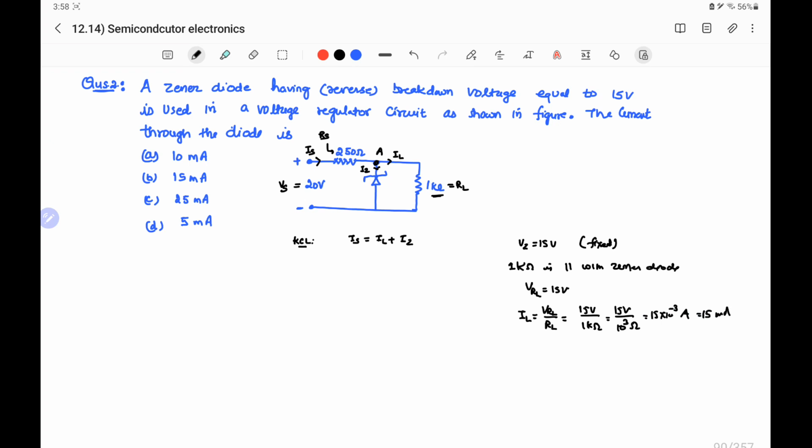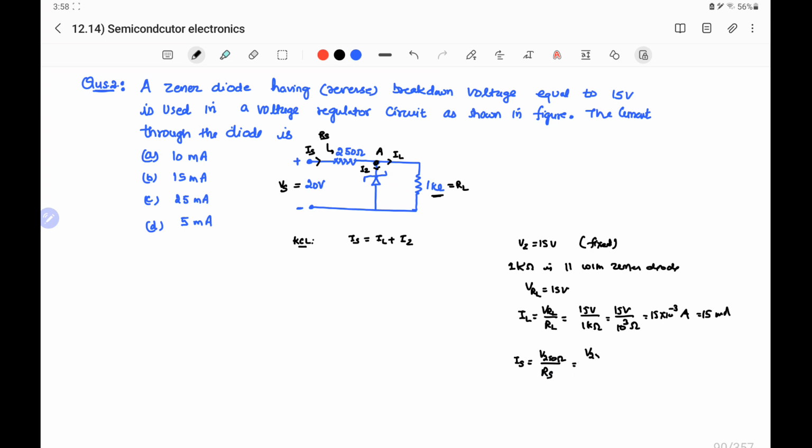Now we have to find the source current. The source current is flowing through the 250 ohm, which is the source resistance. So current Is will be equal to the voltage across the 250 ohm divided by the source resistance Rs, which is equal to 250 ohm.